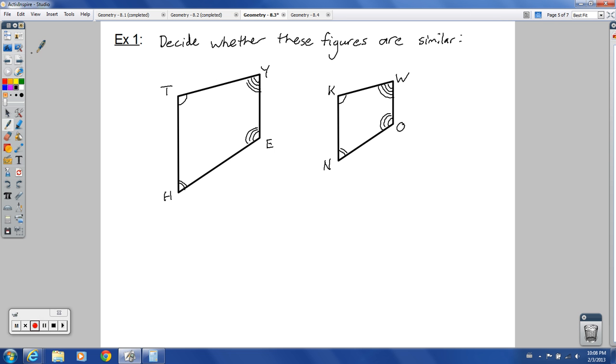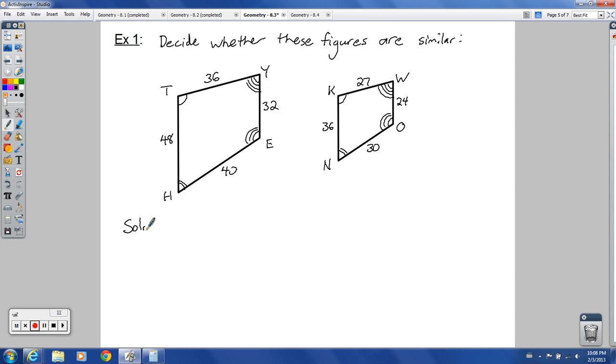That's one of two things we need to check to see if they're similar. But let's see now about the sides. This is going to be 36, this will be 48, this one's going to be 40, and this one 32. Over here in this one, this is going to be 36 here, 30, 24, and 27 up here.